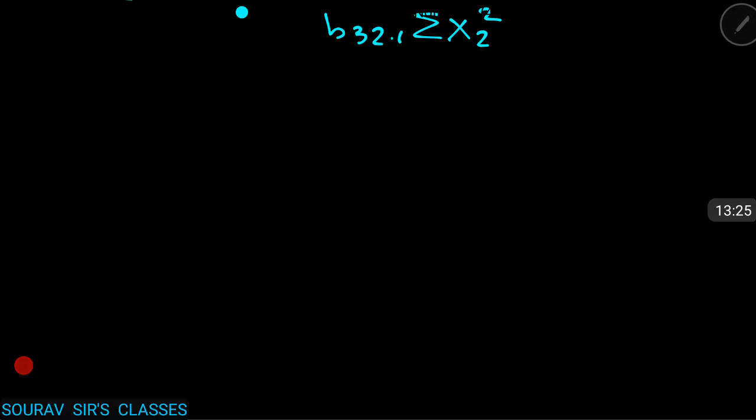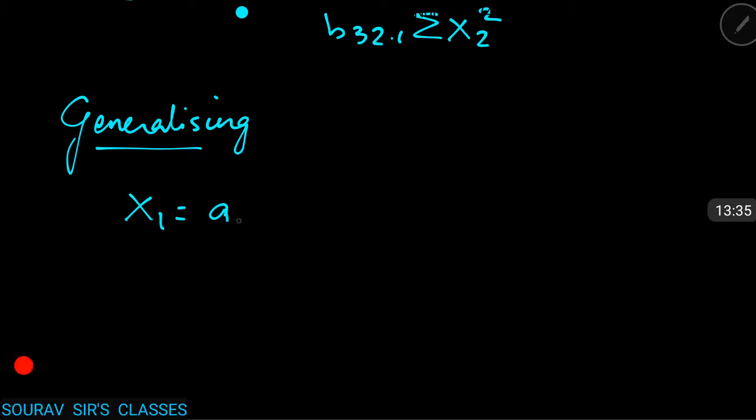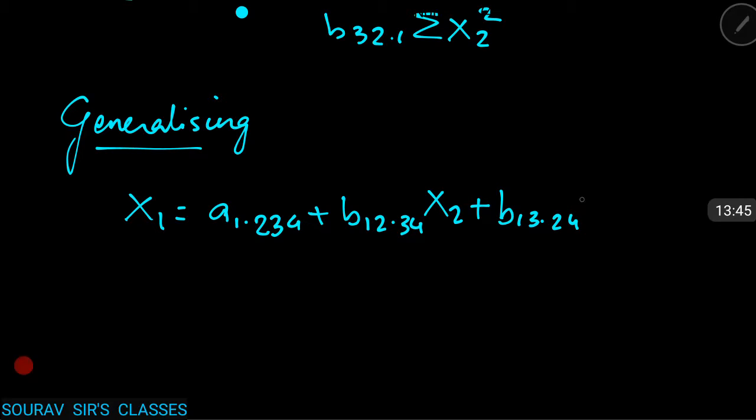So, generalizing the regression equation for more than 3 variables, x1 is equal to a 1.234 plus b 12.34 x2 plus b 13.24 x3 plus b 14.23 x4, and it goes on.